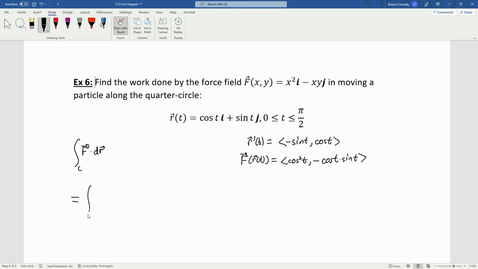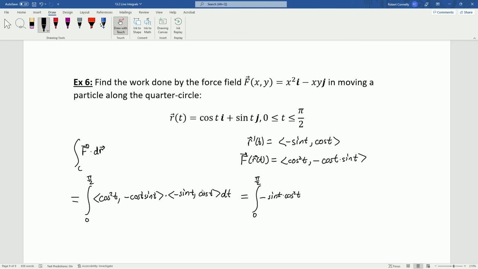So this integral is the integral from 0 to pi over 2 of the vector cosine squared of t, negative cosine of t sine of t, dotted with negative sine of t, cosine of t. Okay, so now we carry out this dot product, and we get negative sine of t times cosine squared of t for the first components.